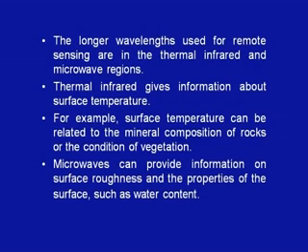Thermal infrared gives information about the surface temperature. For example, surface temperature can be related to the mineral composition of rocks or the condition of vegetation. Microwaves can provide information on surface roughness and the properties of the surface such as water content.